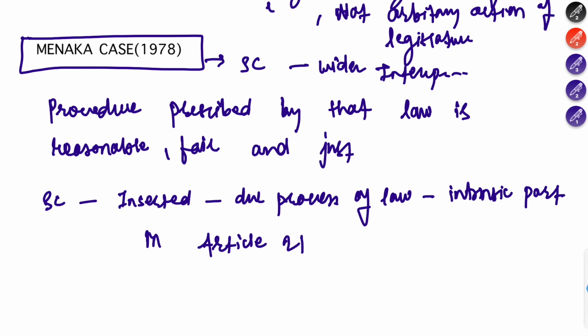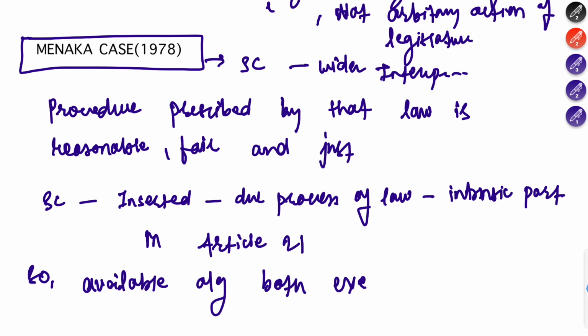So after the Maneka case, the Supreme Court held that the protection under Article 21 should be available not only against arbitrary action of the executive but also against legislative action. So it is available against both executive and legislature.